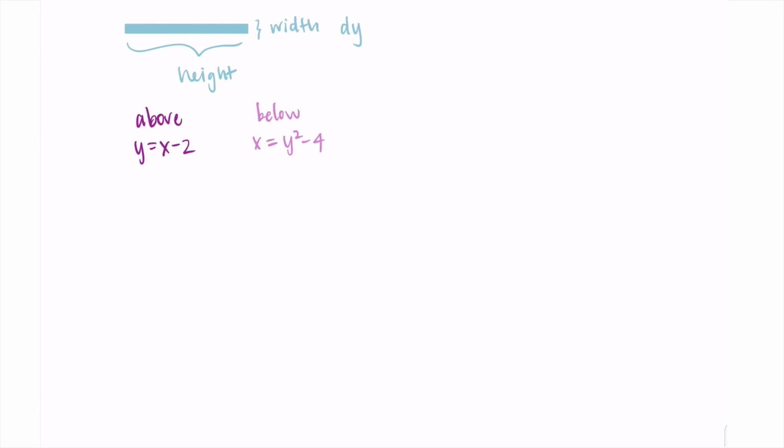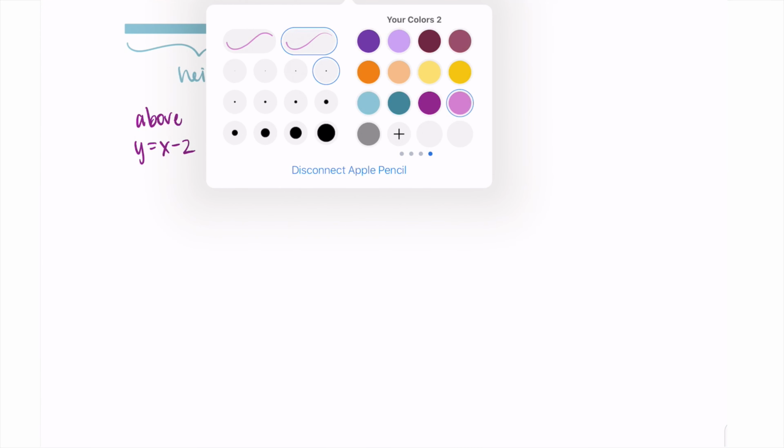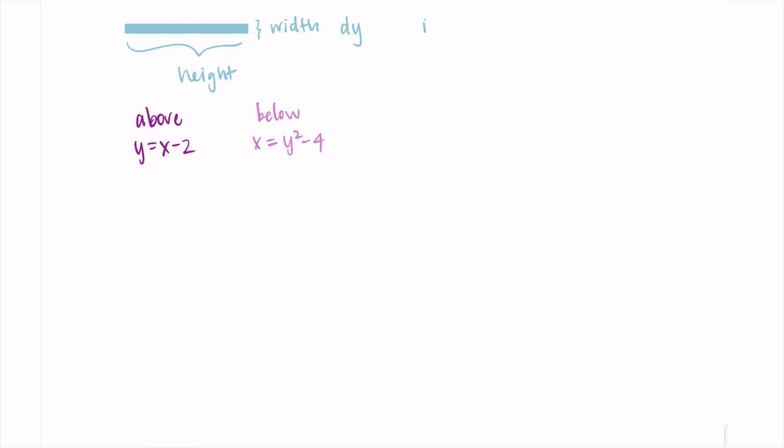The thing I want to point out here that makes this different is that now we are integrating with respect to y. So this is different. Instead of having a dx, we have a dy. And so we're going to need to have everything in terms of y.